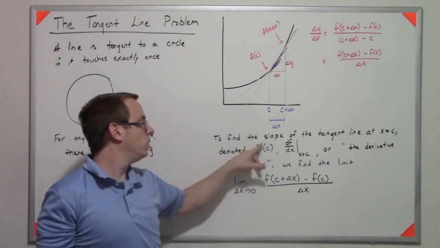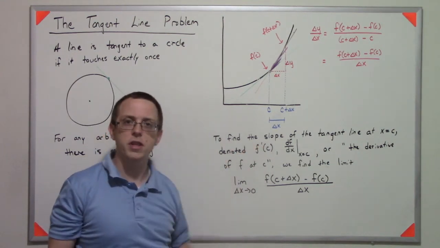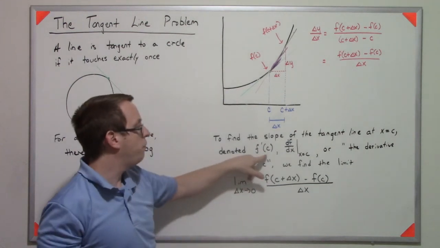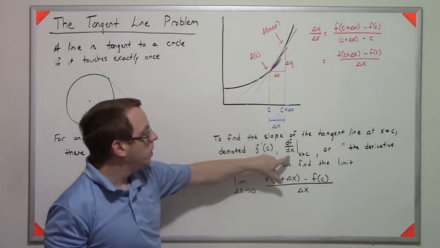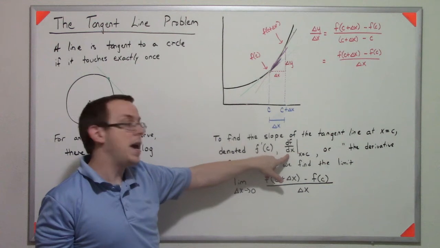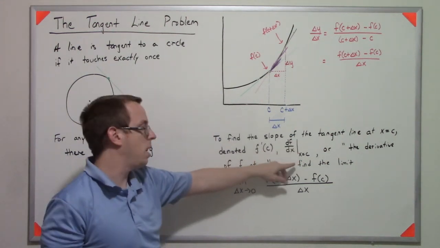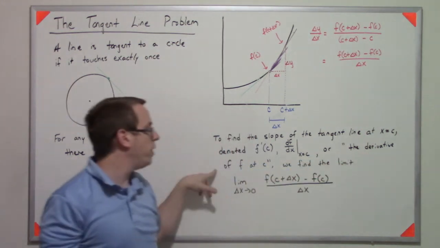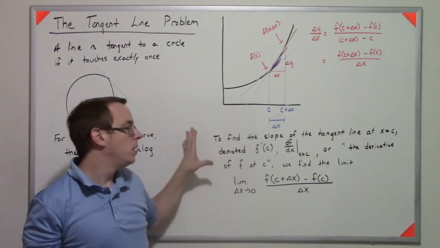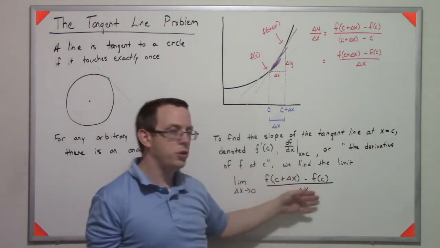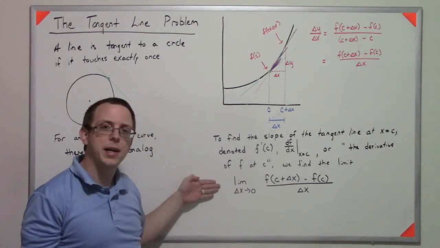So that little apostrophe there is the prime notation. F prime at c. This notation, df dx, with a line at x equals c. You'll see this sometimes. Or even just the derivative of f at c. All that stuff, what we want to do is we want to find this limit.